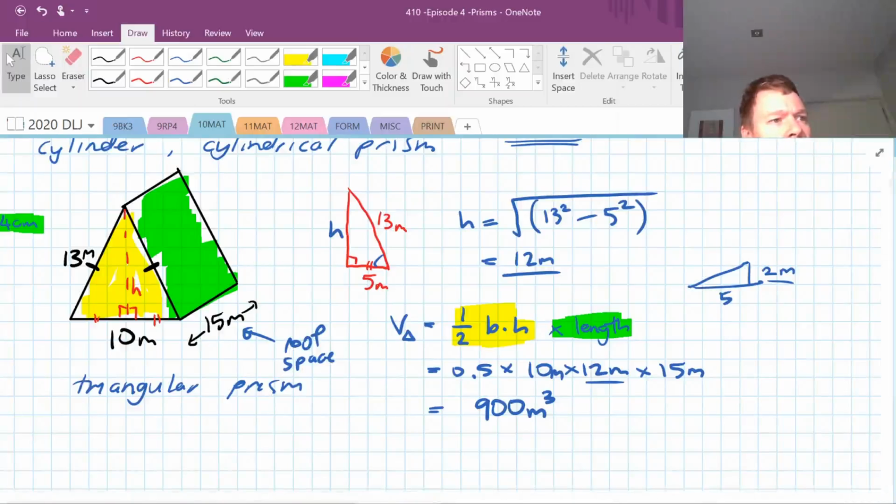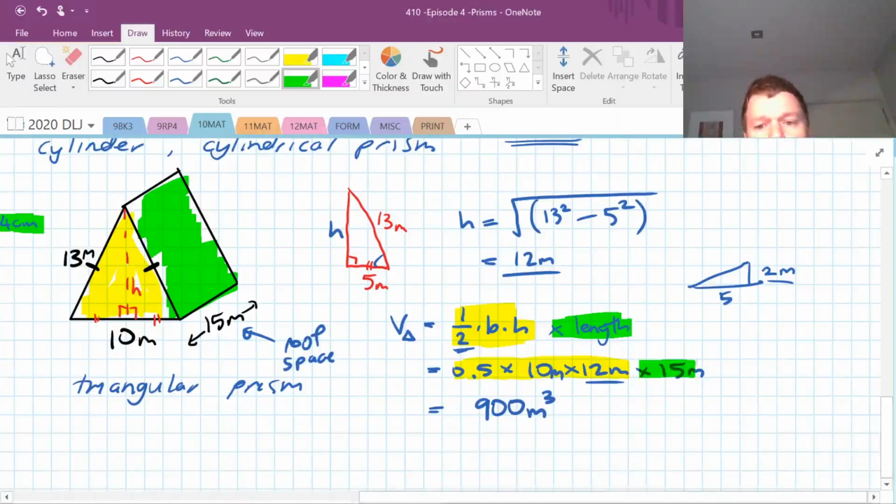William just asked, why isn't it just 10 times 12 times 15? That's because we're dealing with a triangle, William, so you've got to remember that half comes into the area of the front face. So this is the area of the front face of the triangle, and this is the extruded length.